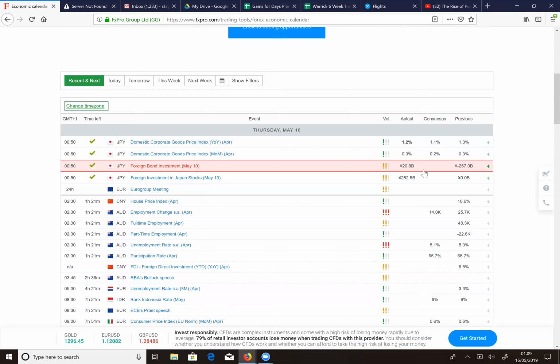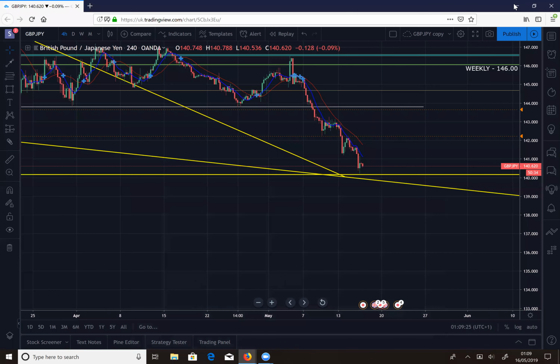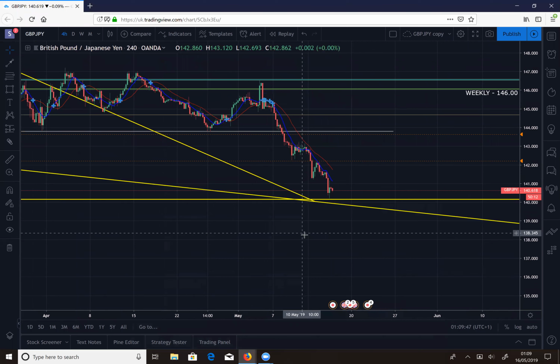So we can kind of expect that the JPY pairs should really just follow the trend that they're in currently. Okay, so for me, we've got this huge green spinning top at the end of a downtrend. So maybe guys can be looking for some longs here, longs up to key levels like previously mentioned.